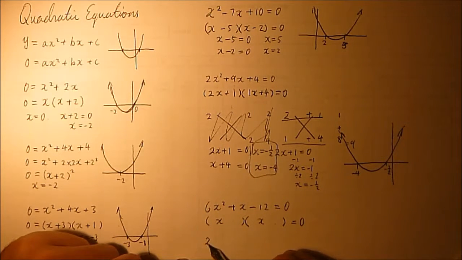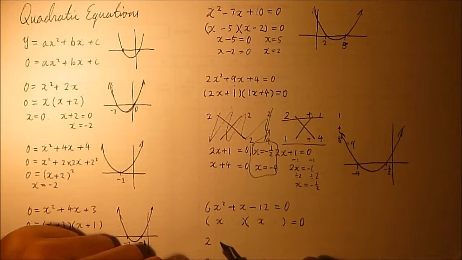6 can be broken down into 2 and 3, two factors of 6. Cross.